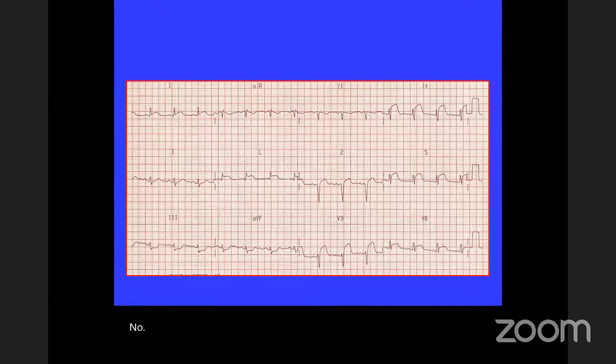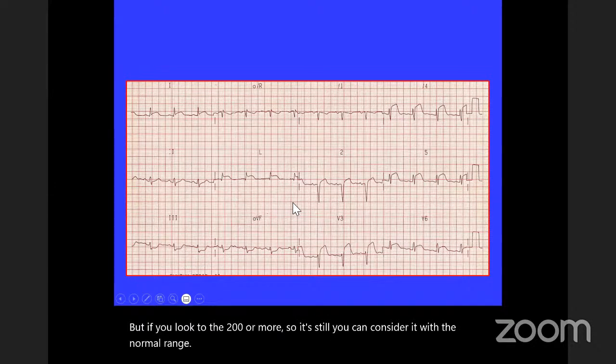It's regular. However, the amplitude is very low. About the axis, it's normal. I mean, lead 1 is positive and aVF is, I believe, maybe more negative. But if you look at V2, it's almost zero, so you can still consider it within the normal range. All right, so normal axis.